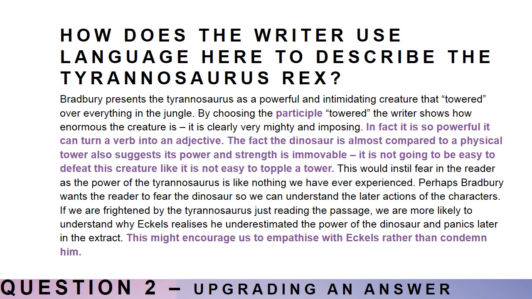I've then added, this might encourage us to empathise with Eccles rather than condemn him. So I've gone back to that focus on the reader's relationship with the text and how we then feel as readers. So that's an example of how I might upgrade my answer through extending my analysis and through extending my exploration of why the writer wants to present this creature in a certain way.